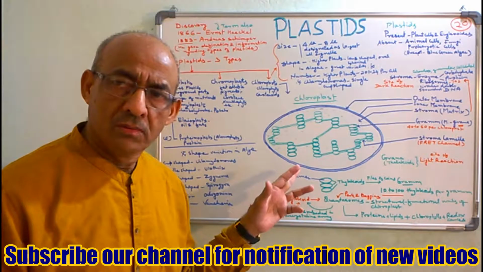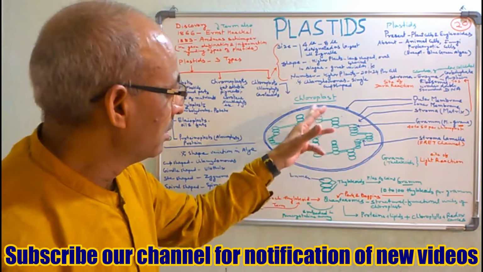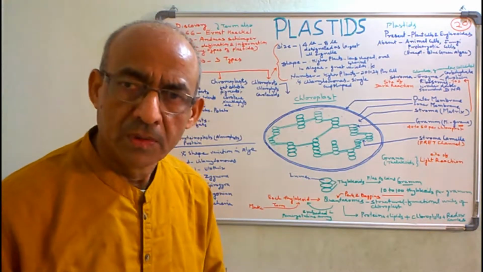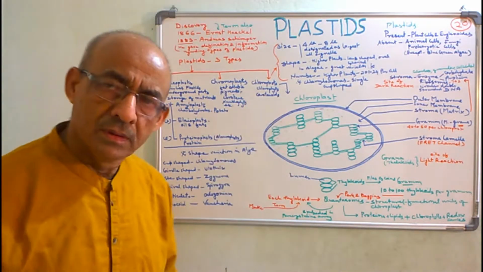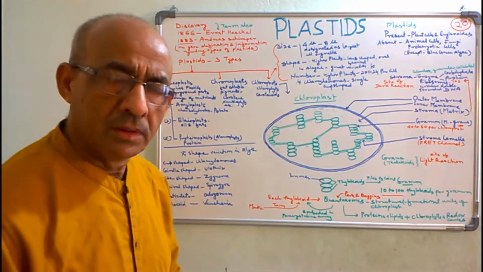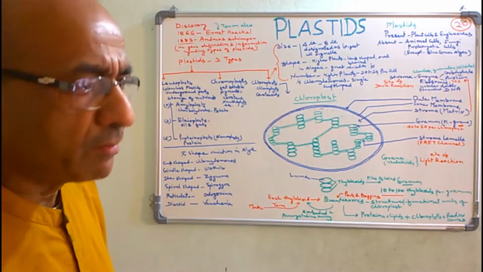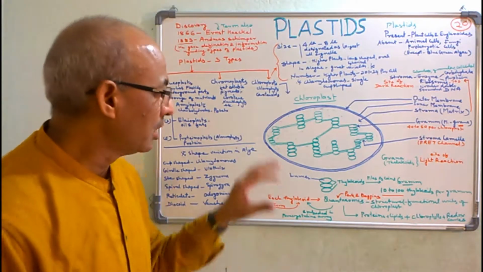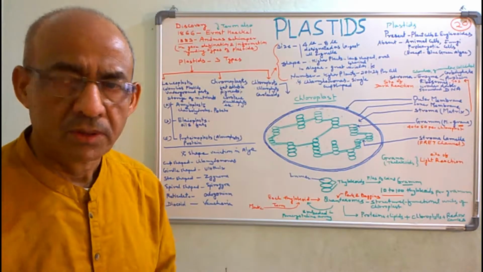Now we have completed the description of the membrane. Now we will discuss another component, that is the matrix. Inner to the double layered membrane, there is a space.